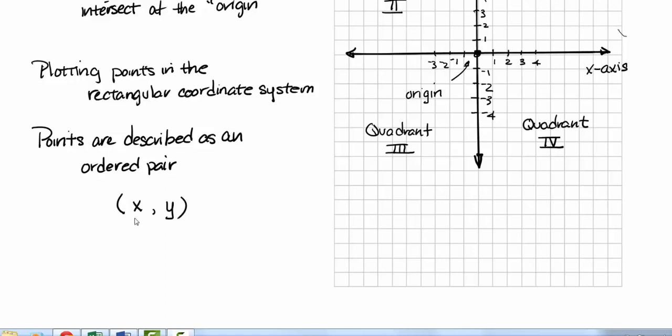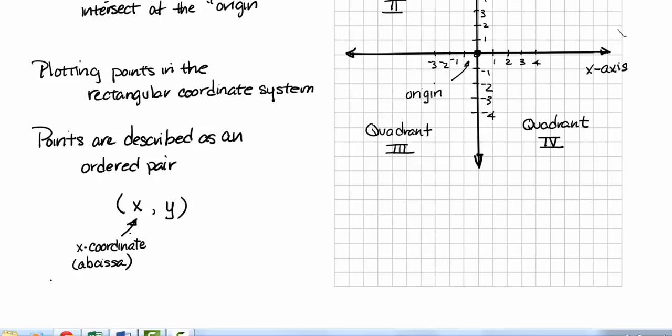Okay, so the first number is, we call it our x-coordinate. It could also be called the abscissa. You might hear that.